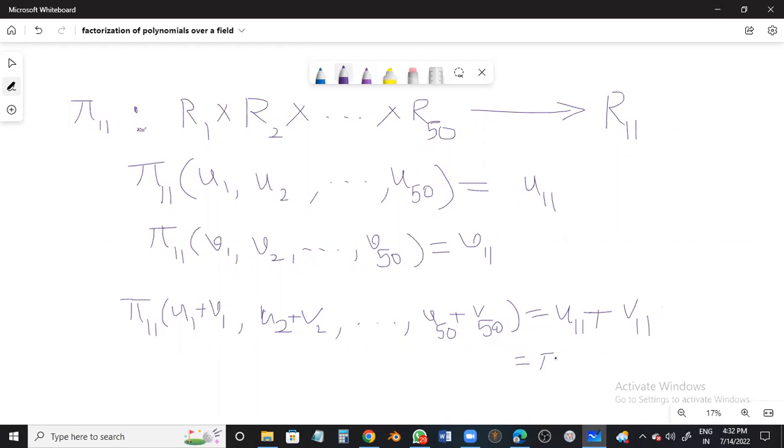So what I have got is pi 11 of this particular whole thing. Let me denote it as U, so pi 11 of U, just a short form, and this I'll read as V. So I'm getting the output of pi 11 operated on V. Can I say this is U and this is V?